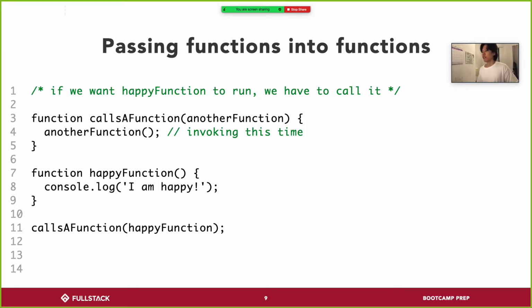But with functions, it is. So yeah, they can be passed as parameters and you can call them. You can wait for something to happen and then call it. In this case it happens to just call it right away.